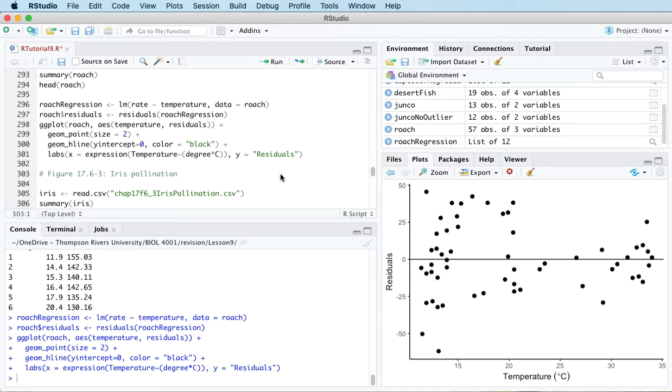So anytime you do a simple linear regression analysis, it's always worthwhile to create some residual plots and do a quick visual assessment of those assumptions, and if the assumptions seem to be supported by the residual plot, then that gives you more confidence that the model that you're fitting is reasonable.